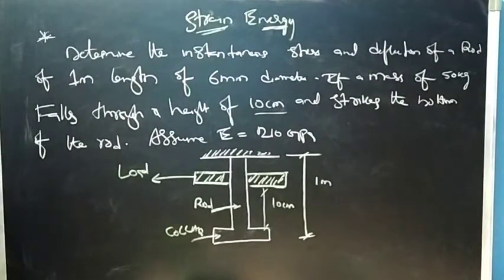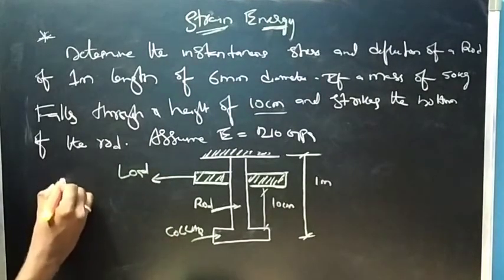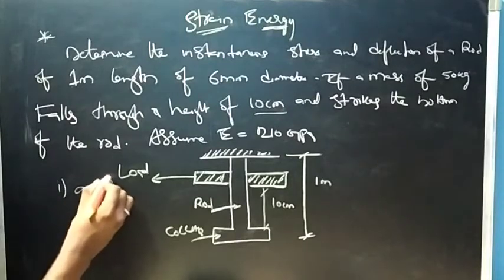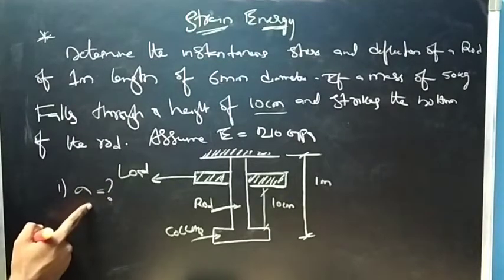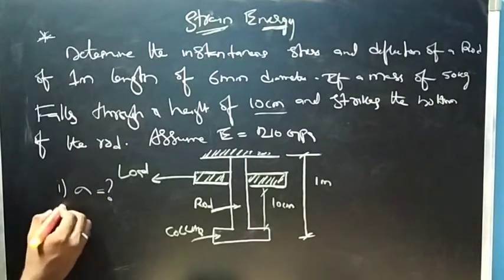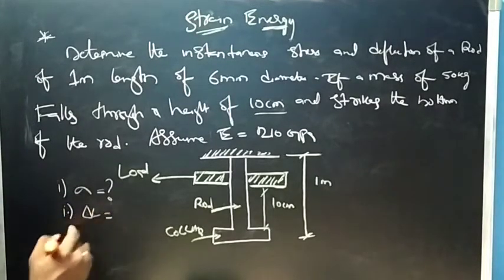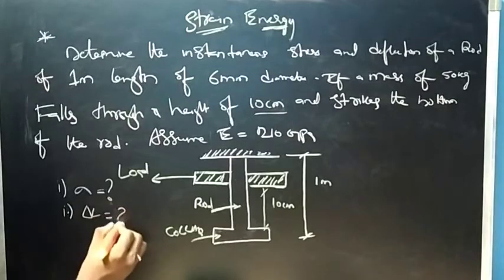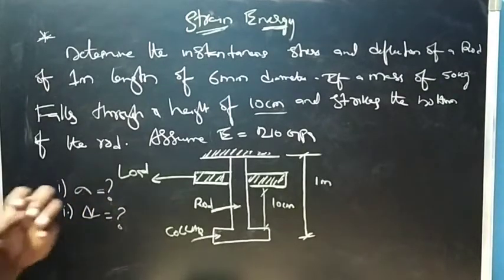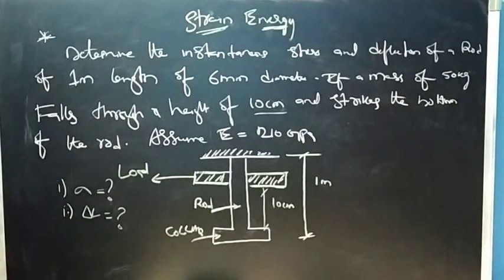So he is asking to find out the stress, that is impact stress, and the next one is delta L, that is elongation or deflection, and you can call it change in shape or dimension, right?